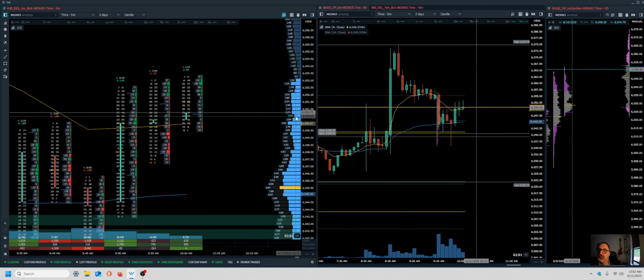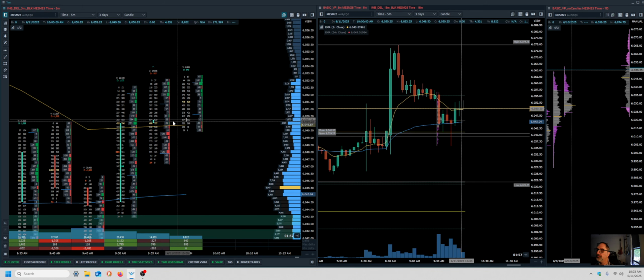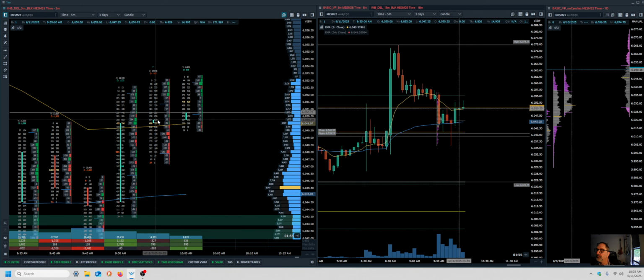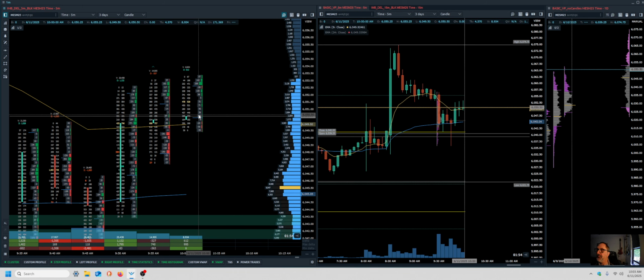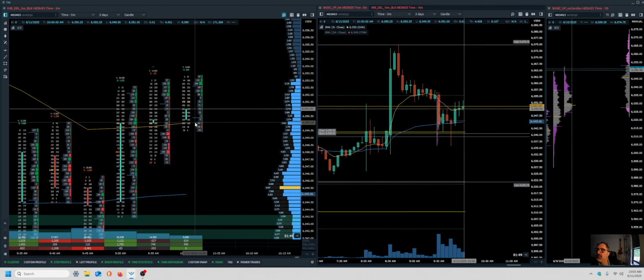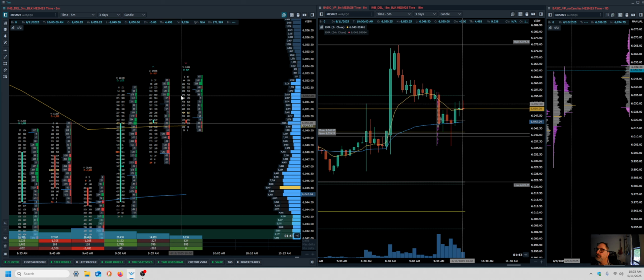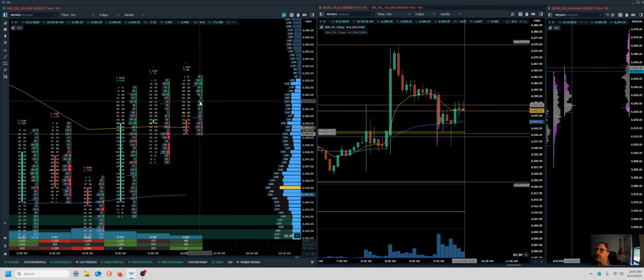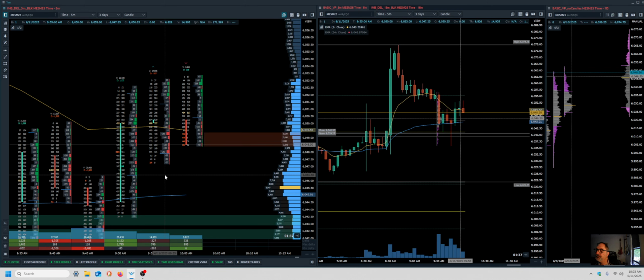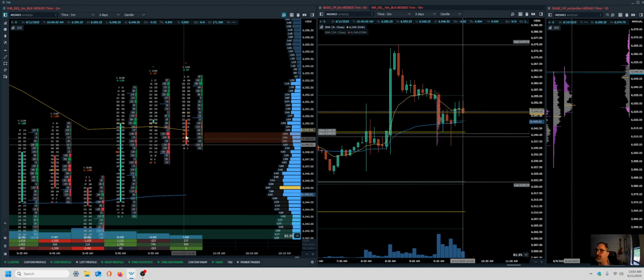Value up in here, 50/50s, have a good chance to go up. These are all positive numbers. Let's see where the break is. Bigger area is right in here. So it's a substantial area. Selling imbalances.